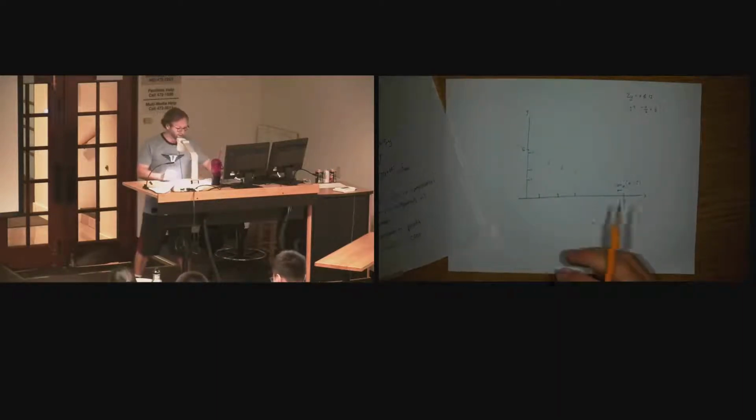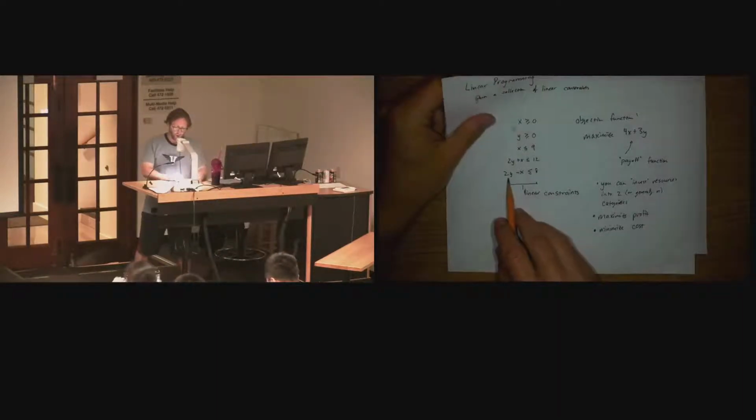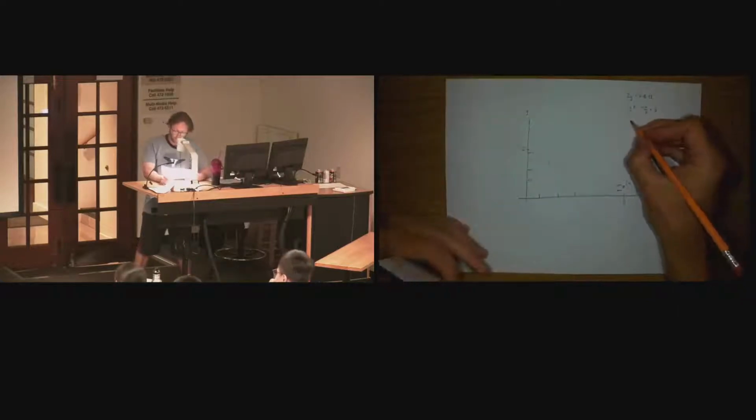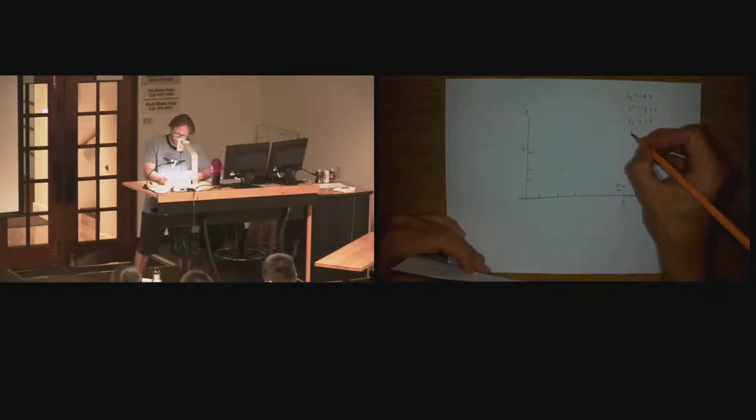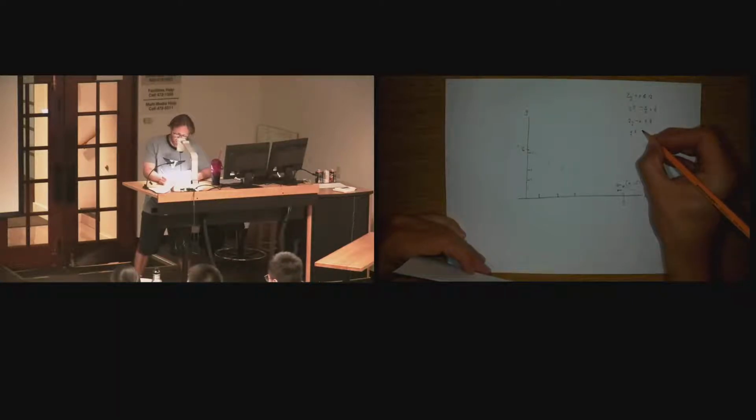The last one is another constraint here. 2y minus x is less than or equal to 8. If I rewrite that as a line, I will get that y is less than or equal to, now x comes over to the other side, but it's positive now, so it has a positive slope, and 8 gets cut in half.